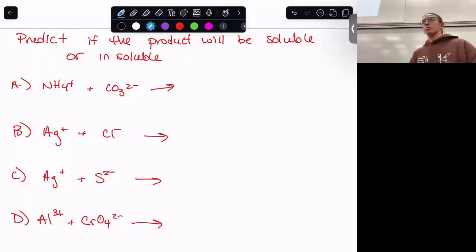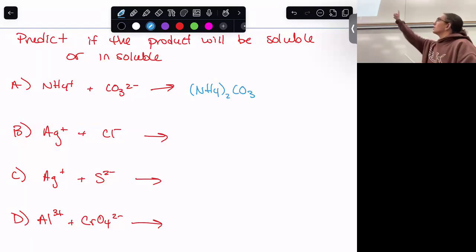Say if it were to be solid, what would it form? It forms (NH4)2CO3. Yep, right, because we have a 2 minus for our CO3 ion, and then we have a plus for our ammonium ion. So we need 2 ammoniums for every 1 carbonate.